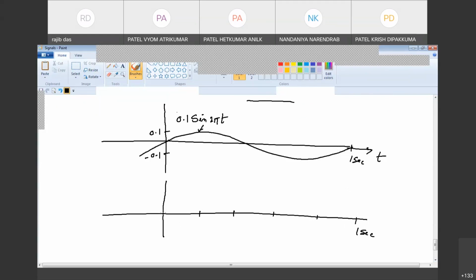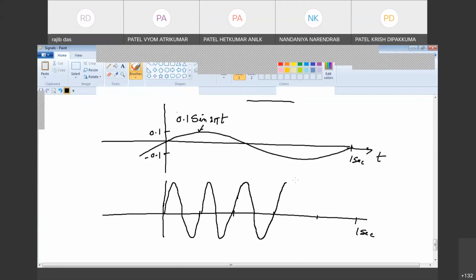So you can have these kinds of signals, like this.